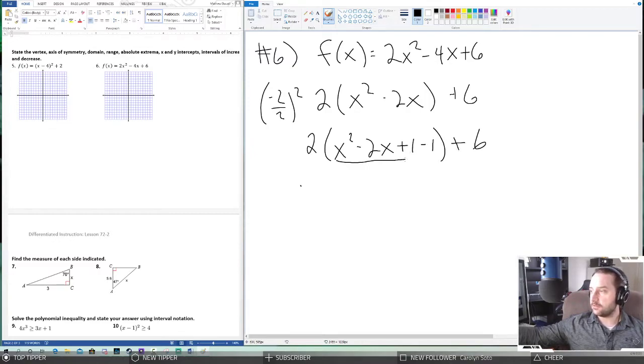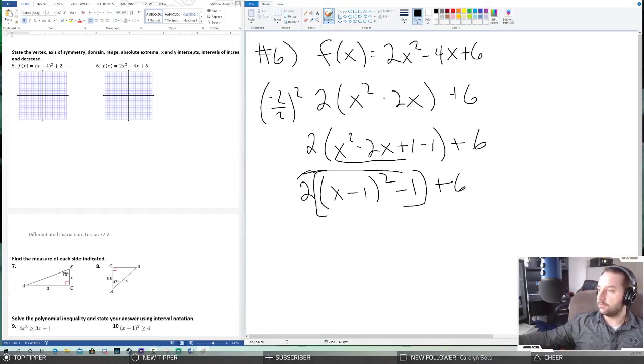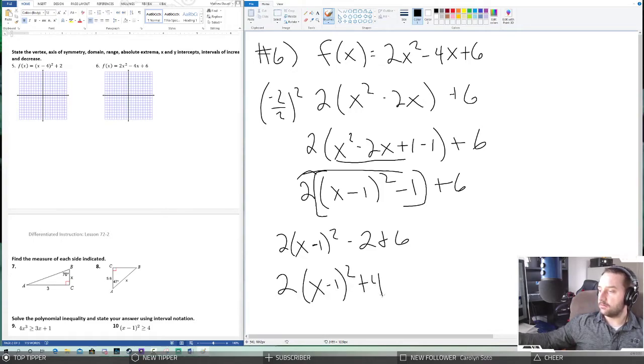That factors. And then now we distribute the 2. So then I'm going to get 2 times x minus 1 squared plus 4.